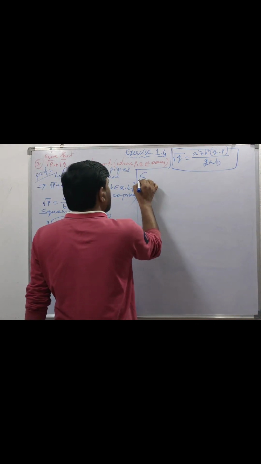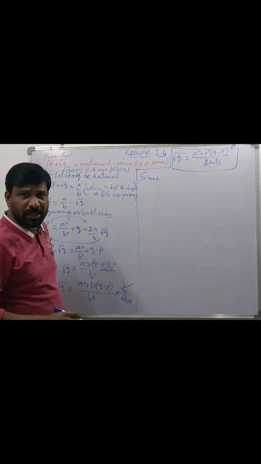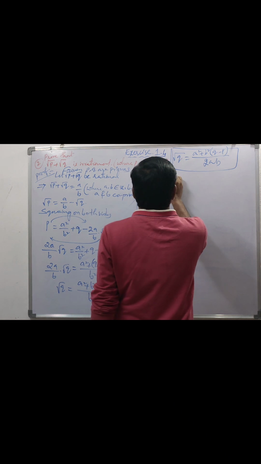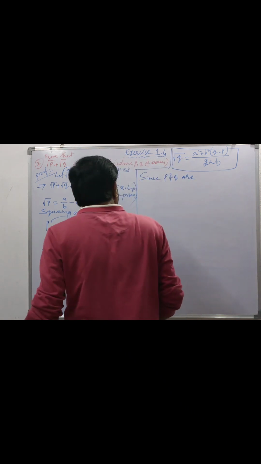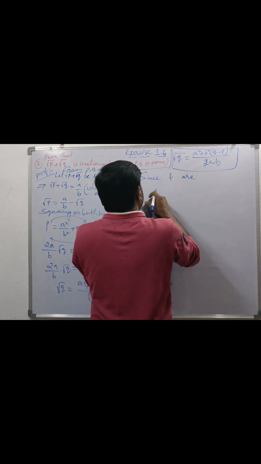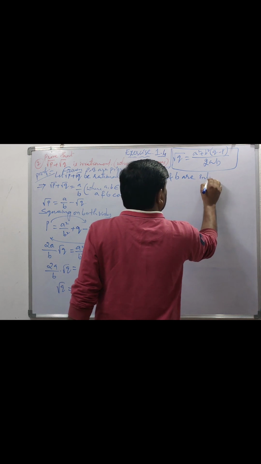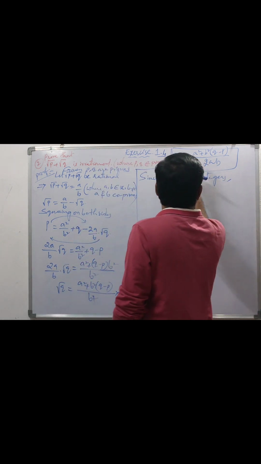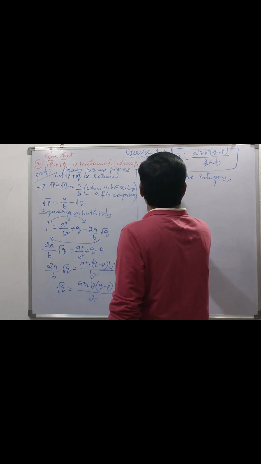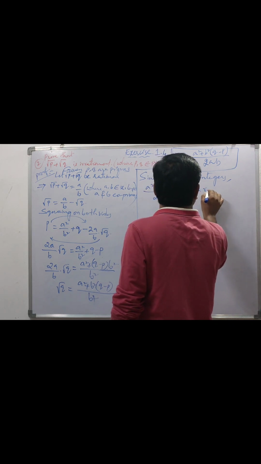Now since it is the same procedure, same steps, I am writing. Are you observing? I hope you all are with me. Since a and b are integers, a square plus b square into q minus p by 2ab is rational.